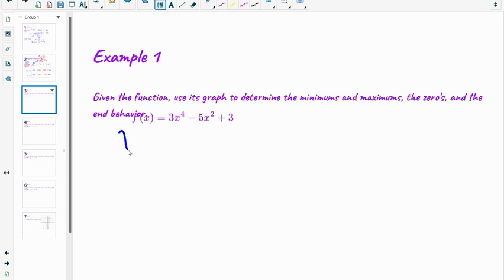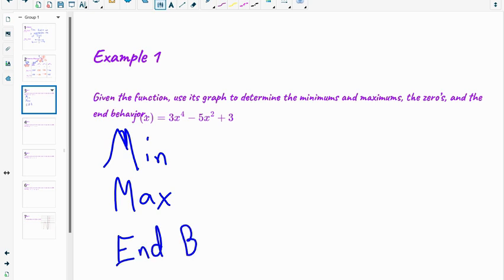So min, max, and end behavior. Now, really quickly, just looking at the function behavior, we can see that it's an even degree polynomial.